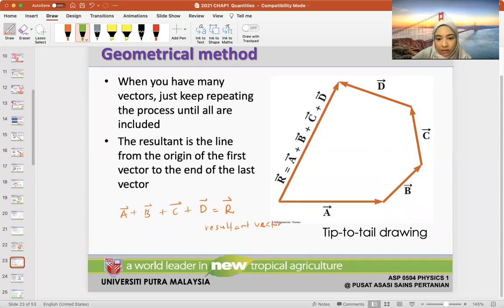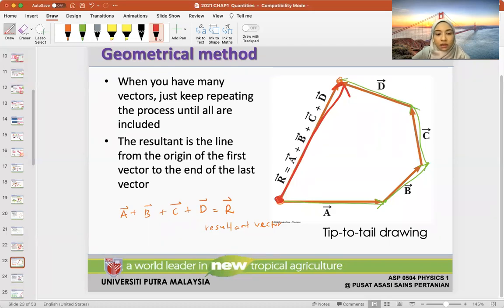I start with A, then tip of A connects to the tail of B, and then tip of B connects to C, and then tip of C connects to D. We started at this point, and we ended at this point. So the resultant should go from here to up here. So that is your resultant.